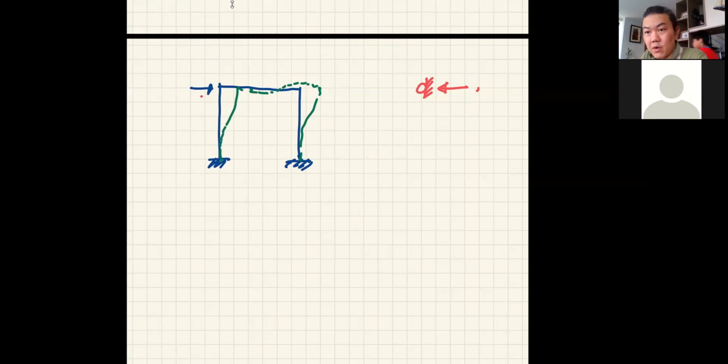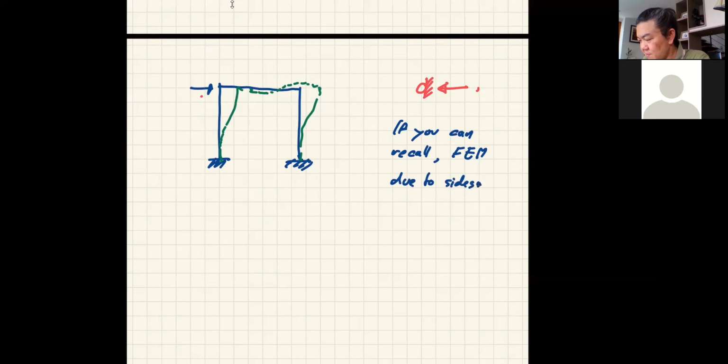Now, when you are dealing with the side sway moment in slope deflection, you have the term, correct? We have the formula for fixed end moment. It's 6EIΔ over L squared, something like that. So if you can recall, the FEM due to side sway in slope deflection has some form of the delta in it.